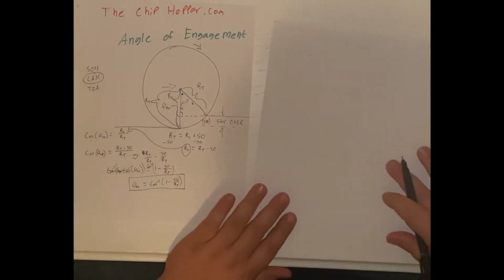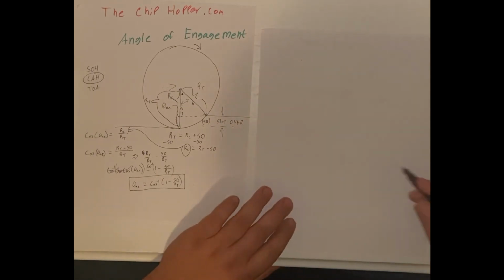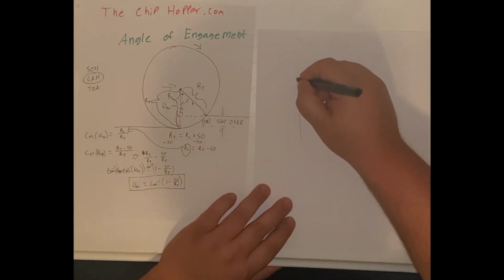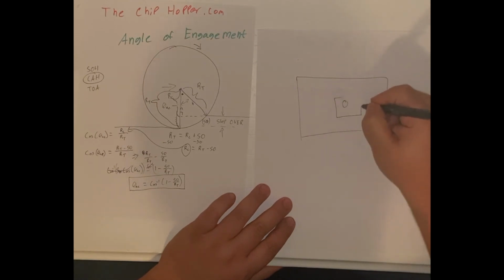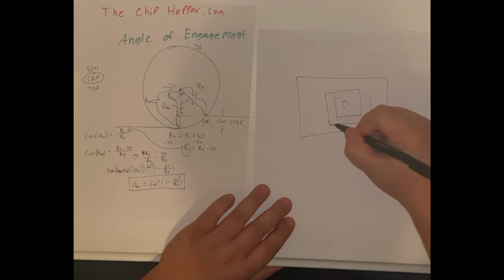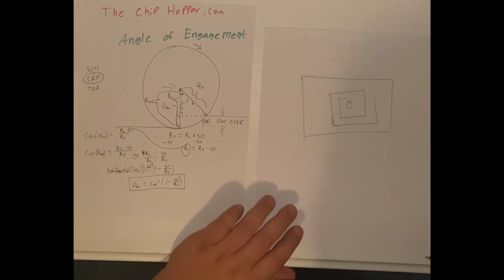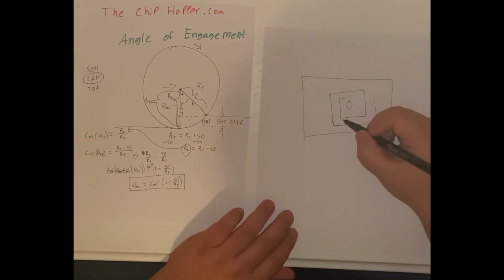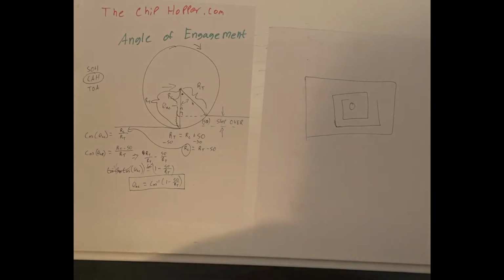Some of the advanced milling CAM tool paths deal with this for you, but if you have a simple tool path that starts in the center and does constant step overs, sometimes you can define a minimum radius to leave. So what I'll work through next time can be a useful tool to figure out how small should I go, how much does it increase the angle, and things like that.